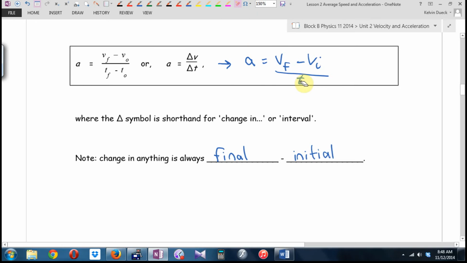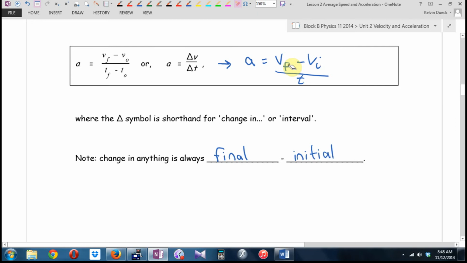I've said time is always a change in, and we get so sick and tired of writing the change in for time. We just clue in time is how long. And we have a tendency here in the BC curriculum, instead of putting a 0 there, to use an I for initial and an F for final. I think on your formula sheets, I used I for initial and F for final.